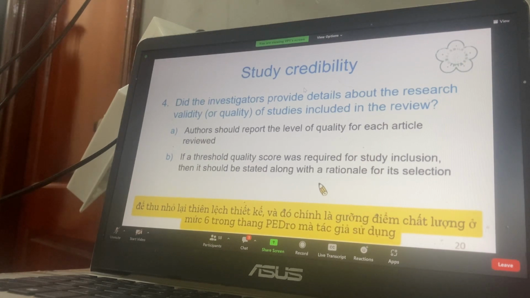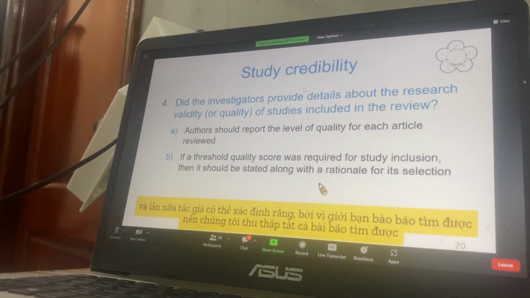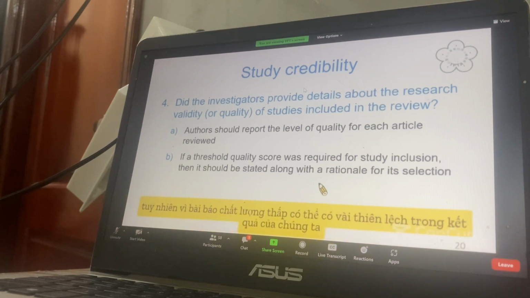And that would be a threshold quality score of 6 points in the PEDro scale that the author used. But if the author can only search for 4 or 5 studies and with pretty low quality, again, the author could specify saying that because of the limited number of research we can search for, we included every study we found. However, due to the quality of the studies, there may be some bias in our result.